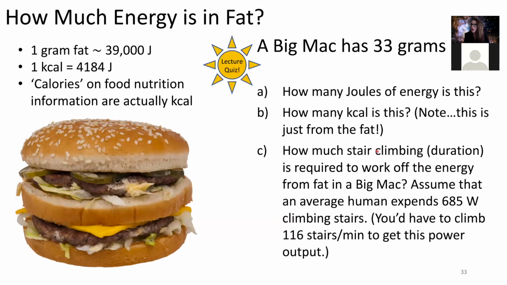Well, we're going to do another problem here to think about power equaling energy over time, energy consumption over time. And we're going to think about that by thinking about the energy in a Big Mac and how much work we have to do in order to burn off all of the energy stored in that Big Mac that our body just consumed.